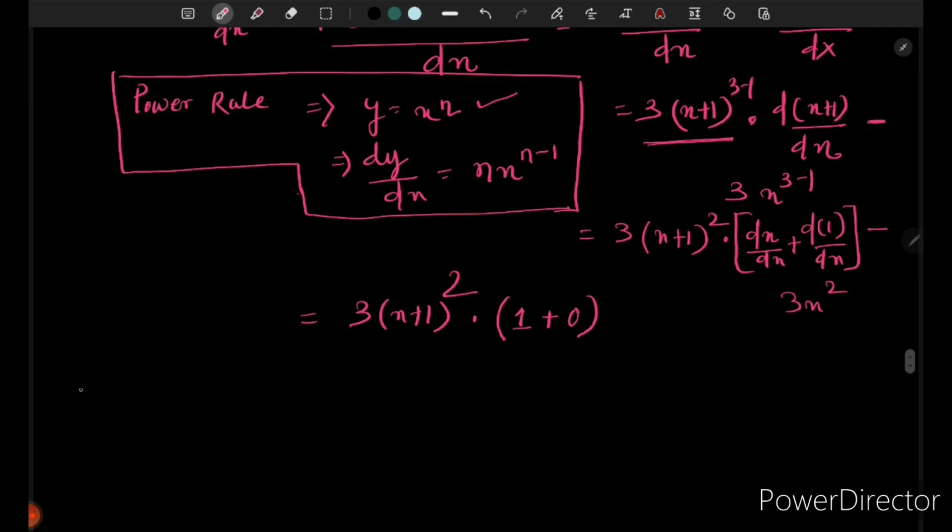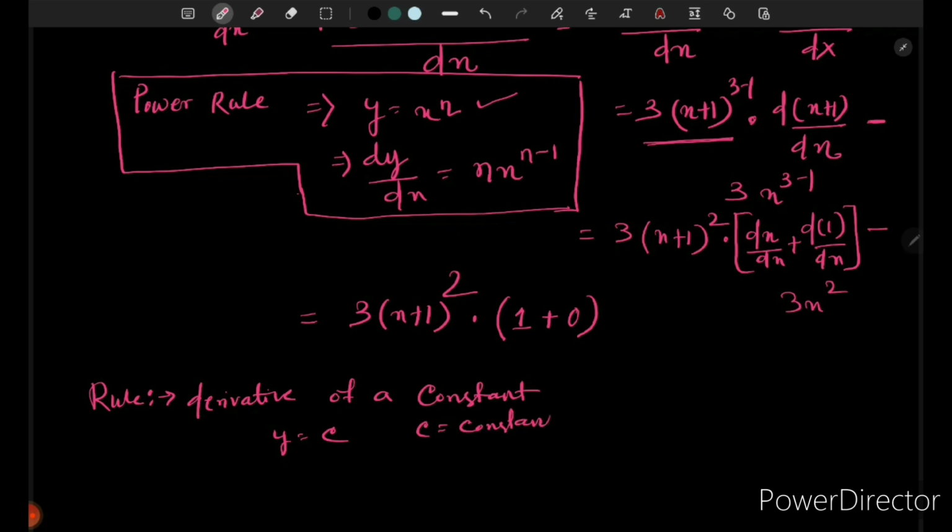Another rule, derivative of a constant function. So if y is equals to c and c is a constant, then dy by dx, that is dc by dx, is always equals to 0. So here 1 is constant, so derivative of 1 is 0.